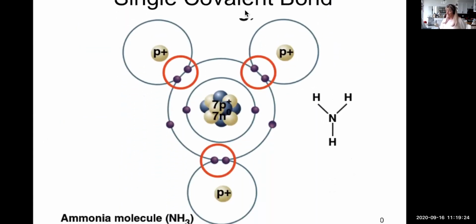Of course, there can be more than one covalent bond depending on the atoms in the molecule. In this case, it's nitrogen. Nitrogen happens to have 3 unpaired electrons in its outer shell, so it can share those with hydrogen, and we get ammonia.